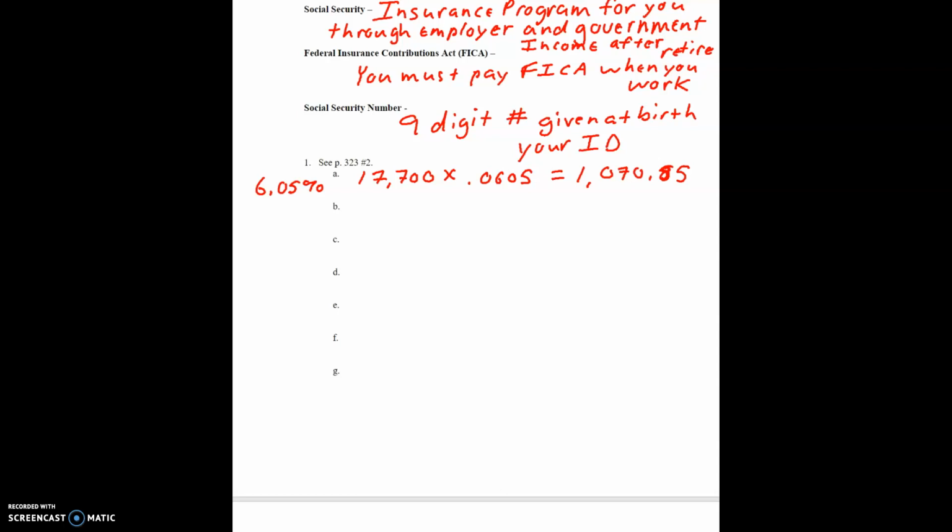Let's just do a random one here. 1986. In 1986 we had 42,000 times 7.15%. Move it 2 places to the left, so 0.0715. That gives you a dollar amount of $3,003.